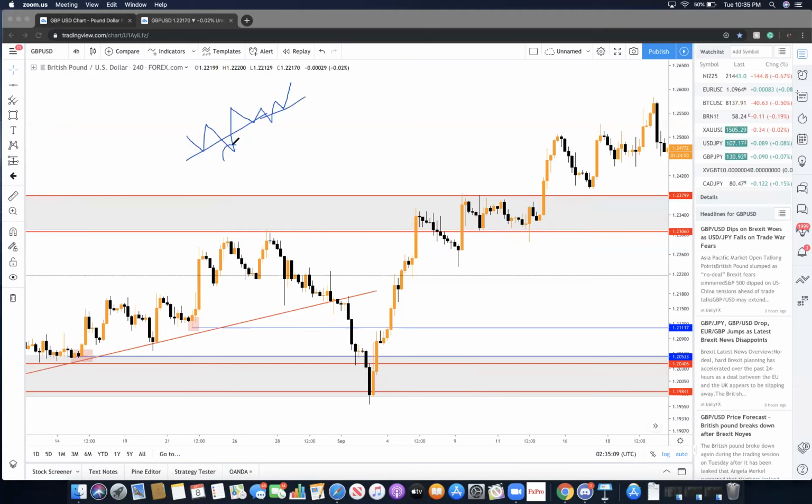Will we count the fake outs or the actual touches? Bianca, what would you say? Are we including the fake outs, or just focusing on the touches to the trend? Exactly. We don't include the fake outs.